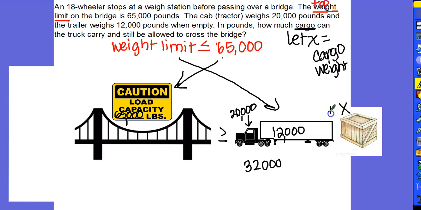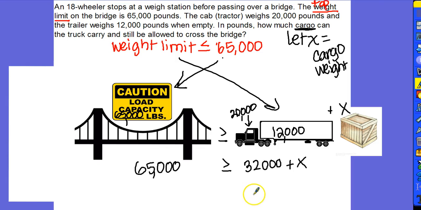We don't know. This isn't a particularly difficult problem. The weight of an empty truck plus its cargo must be less than or equal to 65,000. Of course, you can write that the other way. You can do 32,000 plus X is less than or equal to 65,000. I'm just matching my picture here.